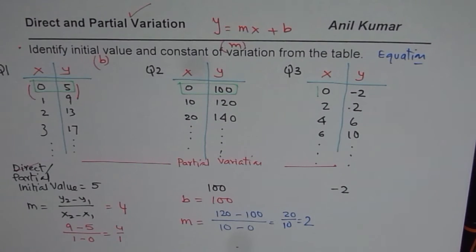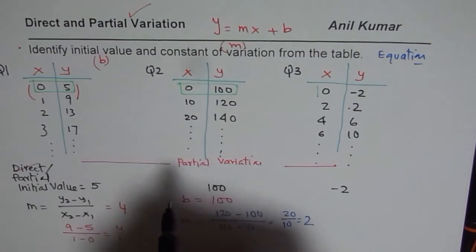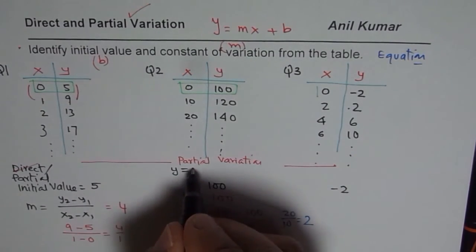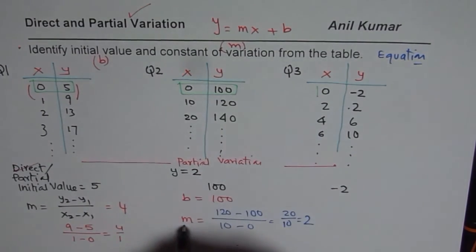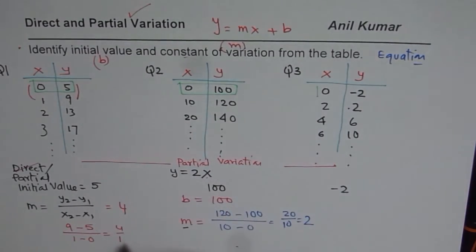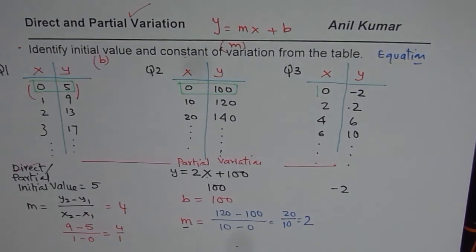So knowing all this, that is not difficult. The format is y equals mx plus b. So we'll write y equals m, we found 2 as our slope, right, or rate of change, or constant of variation, times x, the independent variable, plus b, which is 100. So it is plus 100. So that is how you get your relation.